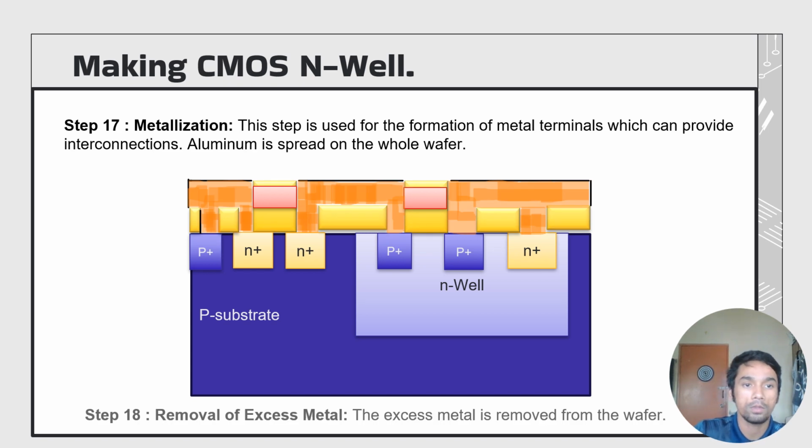Step number 17 is metallization. This step is used for the formation of metal terminals which can provide interconnections. Aluminium is spread on the whole wafer, and step number 18 is removal of excess metal. The excess metal is removed from the wafer.